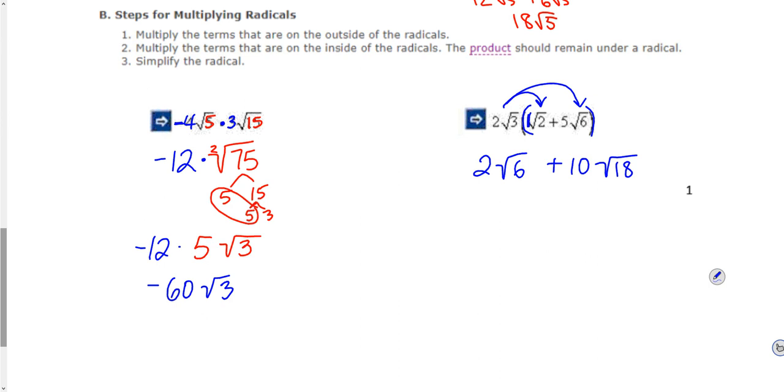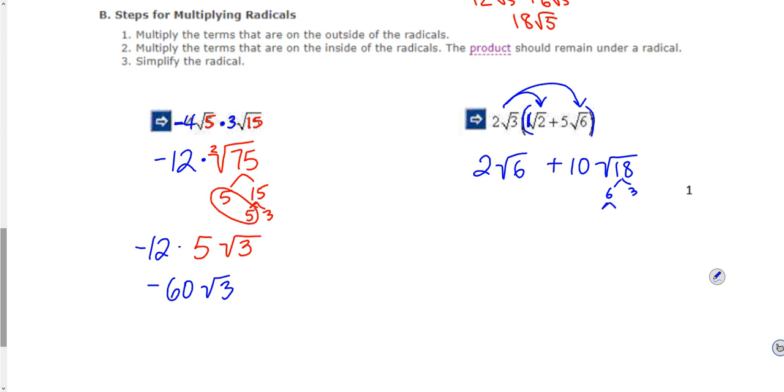Now because this problem has a plus in it, we have to see if we can break it down and actually add it. So if I was going to break down the 6, it's just 2 and 3, so that doesn't help. If I break down the 18, it has a 6 in it. It's going to be 6 times 3.